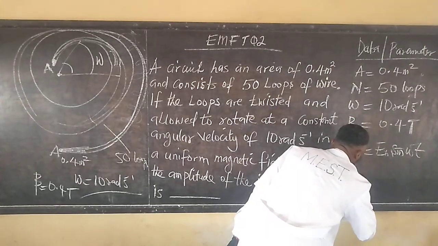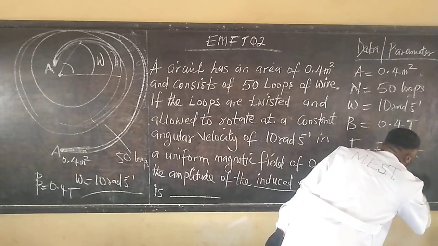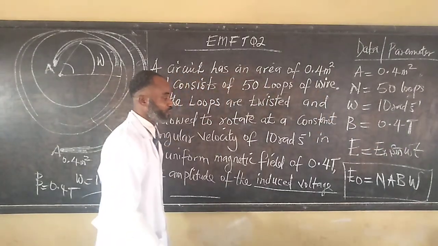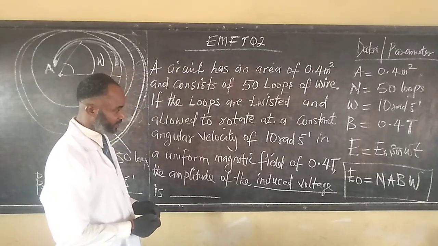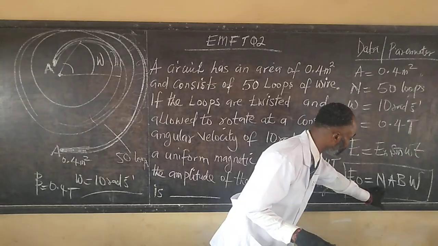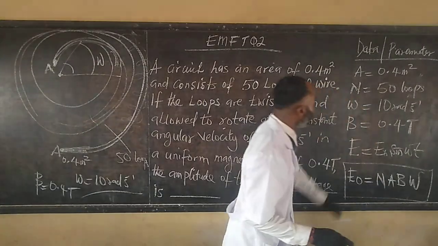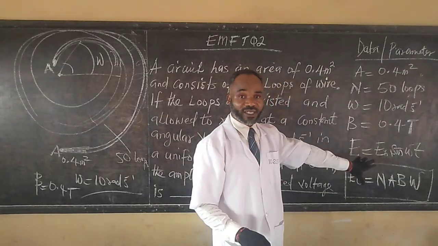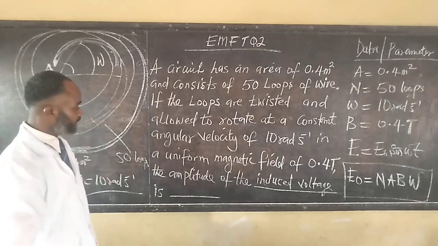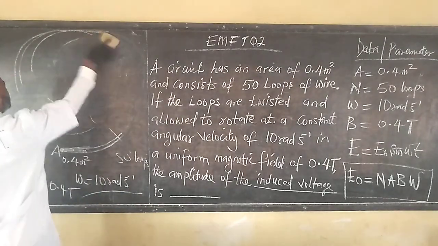And then E naught is given as N, A, B, and W. So with this, we can find the amplitude of the induced voltage. So what next are we supposed to do? We wisely substitute according to these letters we have, N, A, B, and W. Let's see how it plays out quickly.